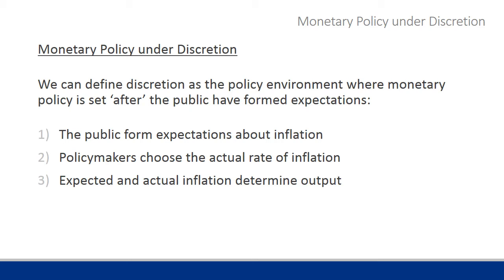To define this specifically, it is an environment where monetary policy is set after the public have formed expectations. So the order is that the public form expectations first, then the policymakers choose the actual rate of inflation, or that's the optimal rate of inflation, according to the loss function, and then the difference between expected and actual inflation determines output in the economy.